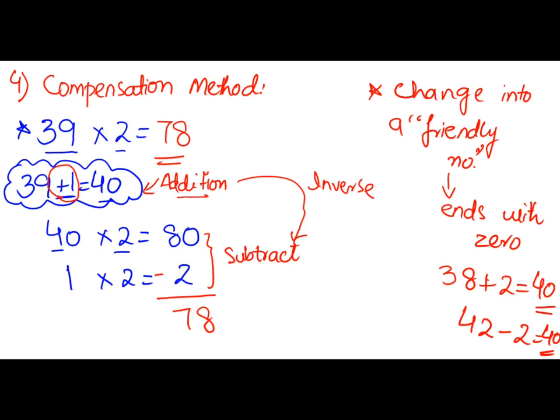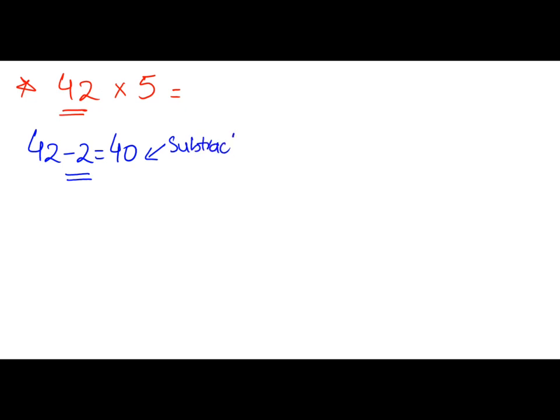Let me take one other example. It is 42 multiplied by 5. I have to change this larger number into a friendly number because it is easy to get a friendly number here. So I'm going to subtract 2 from 42 to get 40. Remember that I have done the subtraction.